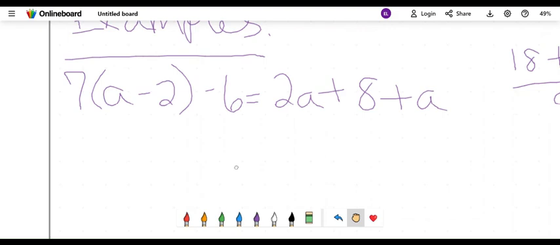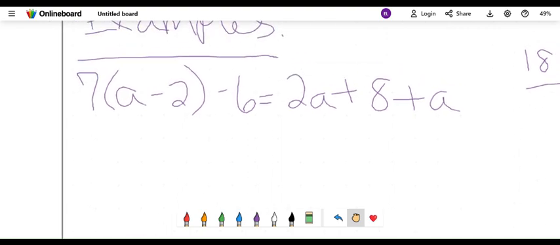Okay, so the first problem. 7 times the quantity a minus 2, minus 6 equals 2a plus a plus 8 plus a. So first, let's solve this side since there is the distributive property. As usual, we have to draw arrows.